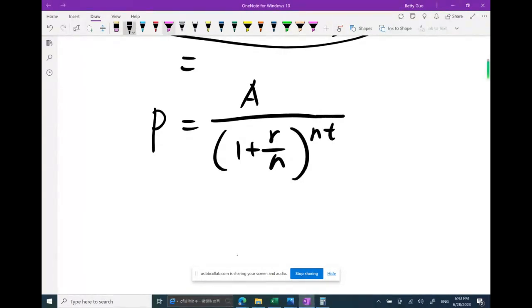So this time we go from A to P. A is our financial goal in the future. In order to achieve that financial goal, how much money do we need to invest today? So from A to P, we are doing discounting.